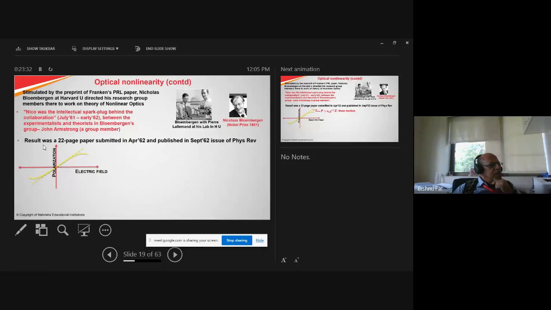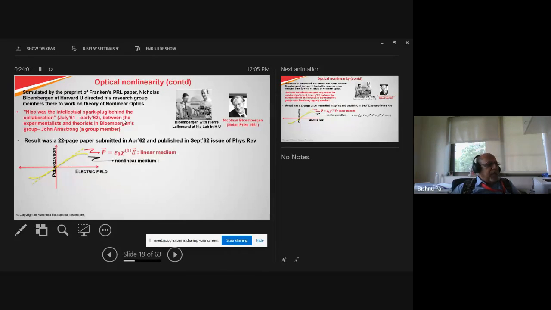So if I plot, as a basic physics, the dielectric polarization as a function of the electric field of the electromagnetic wave, then it is proportional to the electric field as long as we are in the linear media. So polarization is proportional to electric field, and the proportionality constant is represented in terms of epsilon naught and the electrical susceptibility of first order.